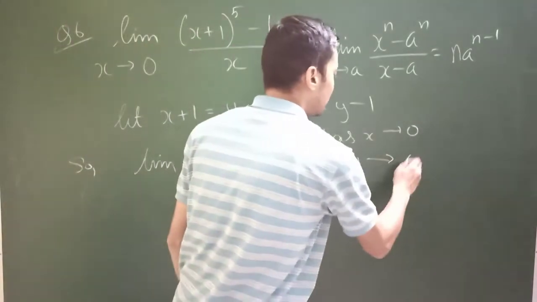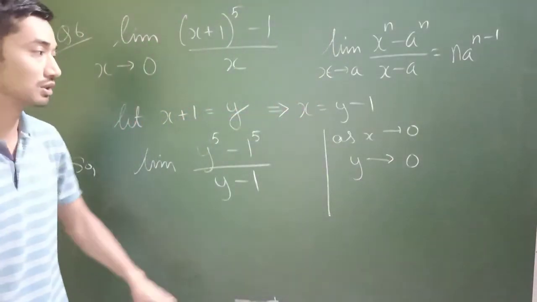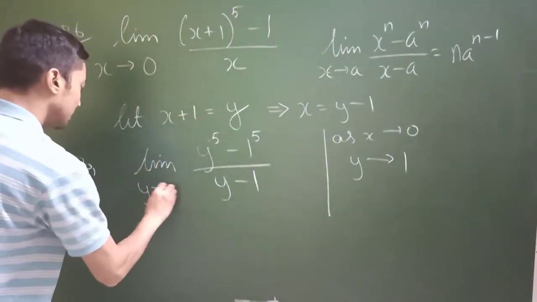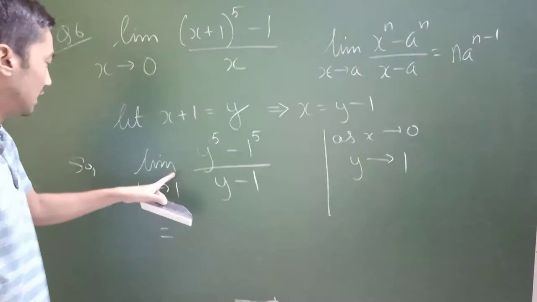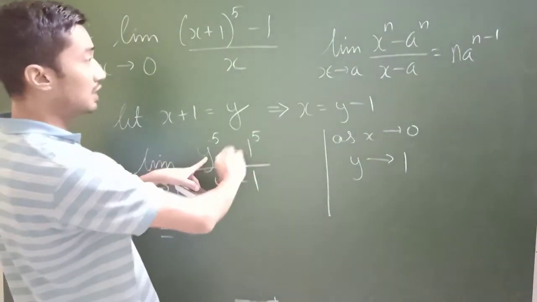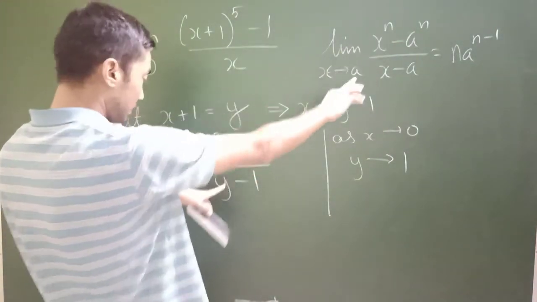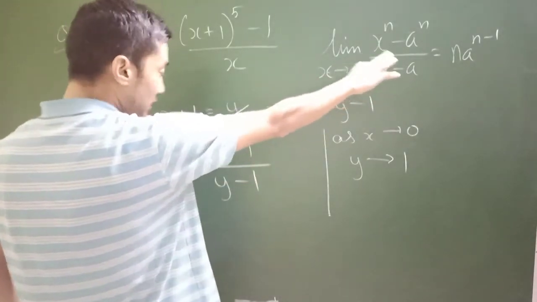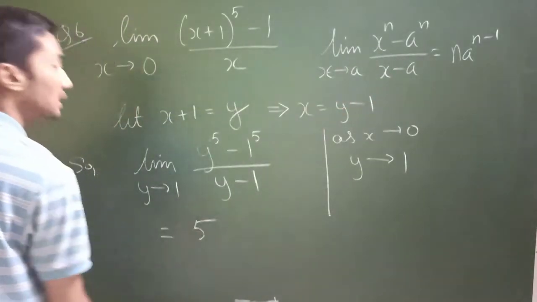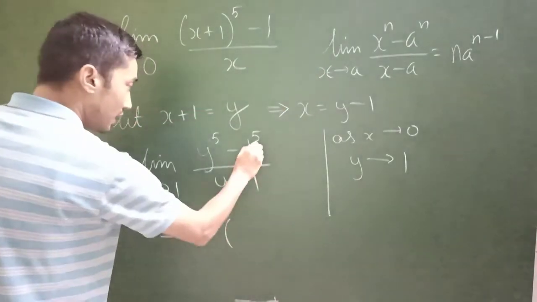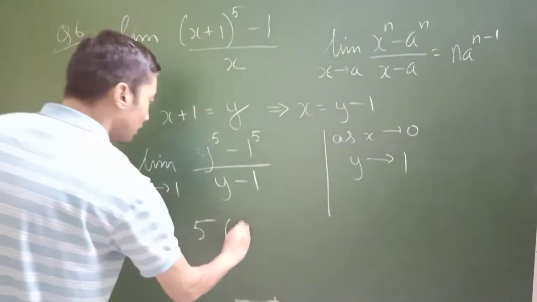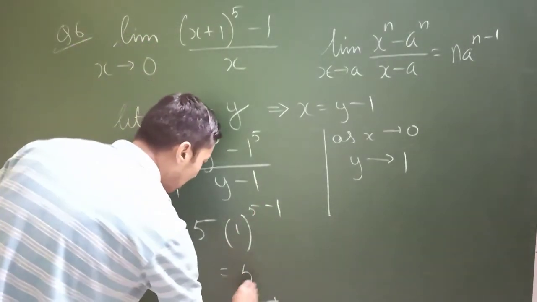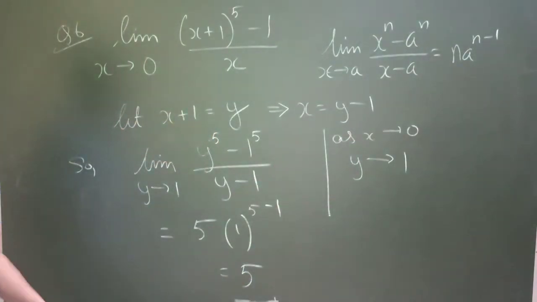So as x tends to 0, definitely y tends to 1. Now the limiting value of the function (x power n minus a power n) divided by (x minus a) is going to be n into a power n minus 1. What is the value of n here? 5, into a power n minus 1, where a is 1: 1 whole power 4. Anything to the power 1 is just 1, so the answer is 5.